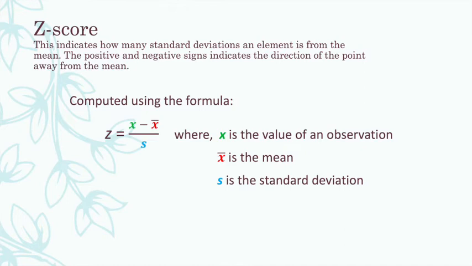So how do you calculate the standard deviation? Standard deviation is just the square root of the variance. So how do you calculate the variance? Scan your notes. Okay, so this is the formula for getting the z-score: x, which is the value of an observation, minus the mean, over the standard deviation.